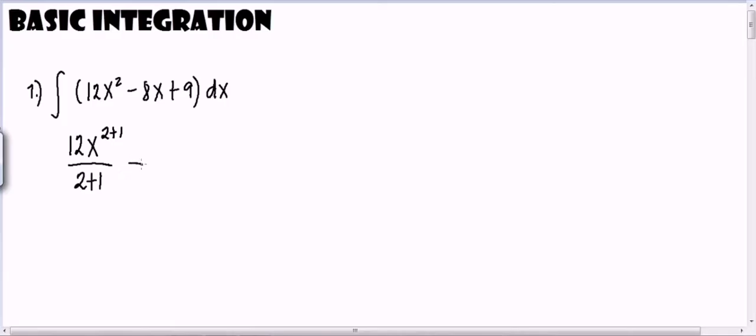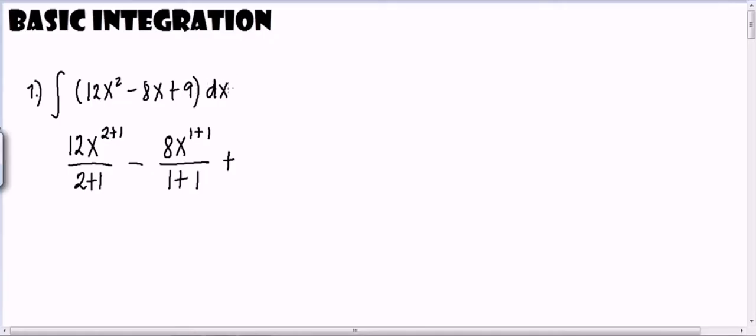Okay? Minus, so si 8x, may imaginary yung x dyan na 1. Okay? So, mag-a-add ako ng 1. And then, over 1 plus 1. Okay? Plus, so this one, alam natin na galing siya sa 9x. Kaya, ang naging derivative niya ay 9. So, basically guys, ang gagawin ninyo, kapag ka nag-i-integral kayo ng constant lang, lalagyan nyo lang siya ng x.